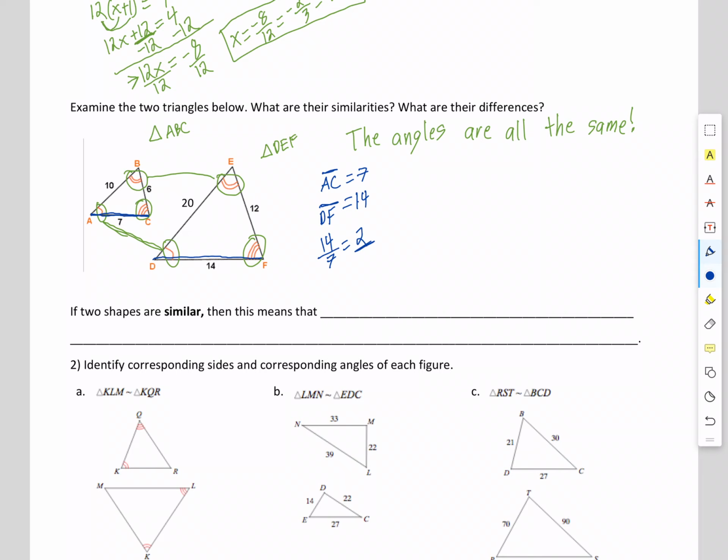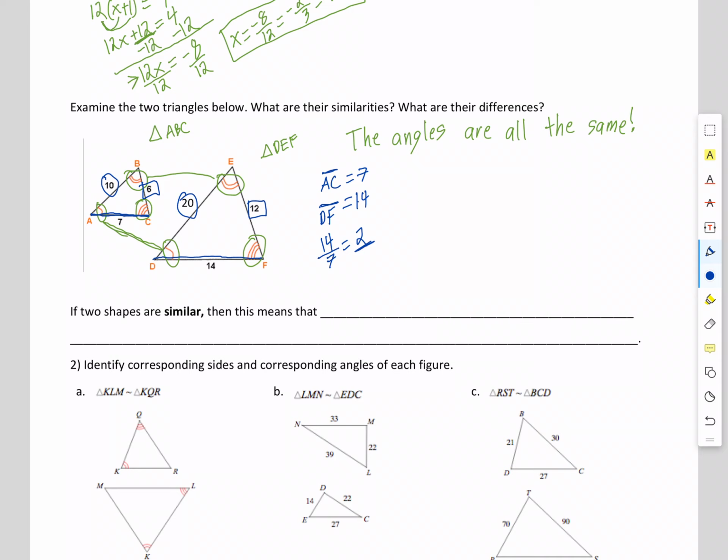But does that work for these other sides? 12 and 6, does that work? 2 times 6 gives us 12, so yeah, that works as well. And then lastly, this last one, 10 and 20. Does that work? Yep, 10 times 2 gives us 20.